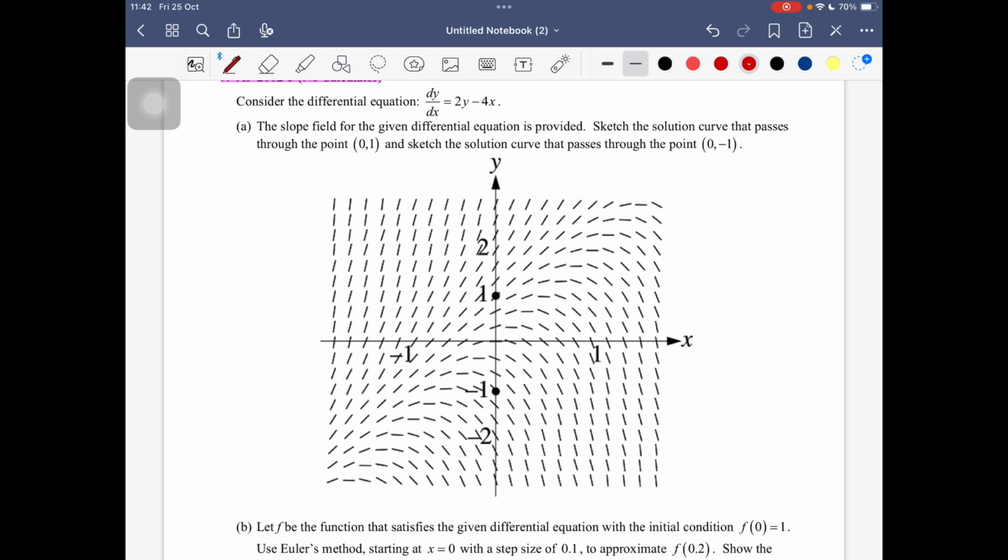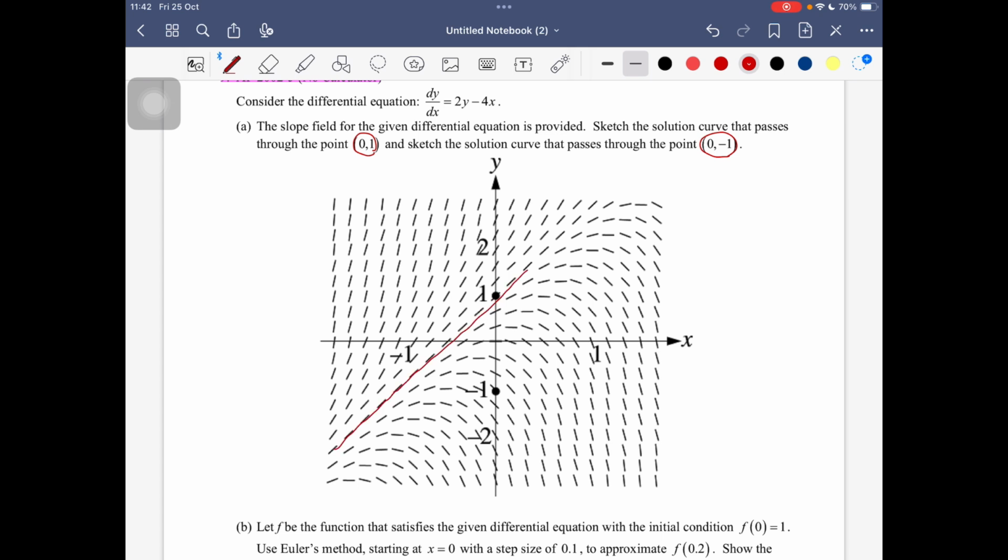So now we have the slope field here, and we have two conditions. The first one goes through (0, 1), and the second one is (0, -1). If it passes (0, 1), backward and forward, both of them have the same slope.